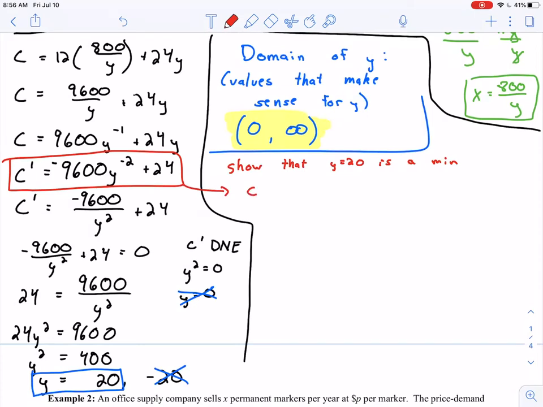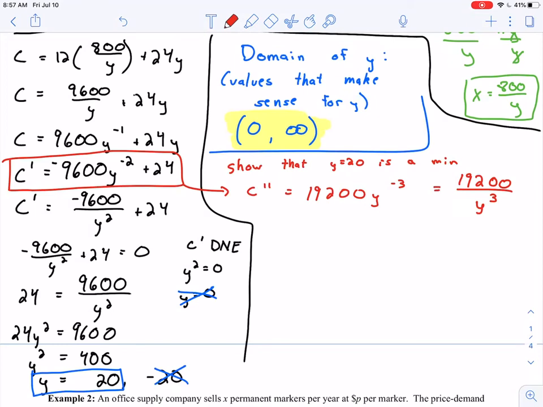So c double prime is equal to, oh boy, let's see, I should have 9,600 times 2. That would give me 19,200, and that's a positive. Y to the minus 3 power, derivative of 24 is 0, so this is really 19,200 divided by y to the third.